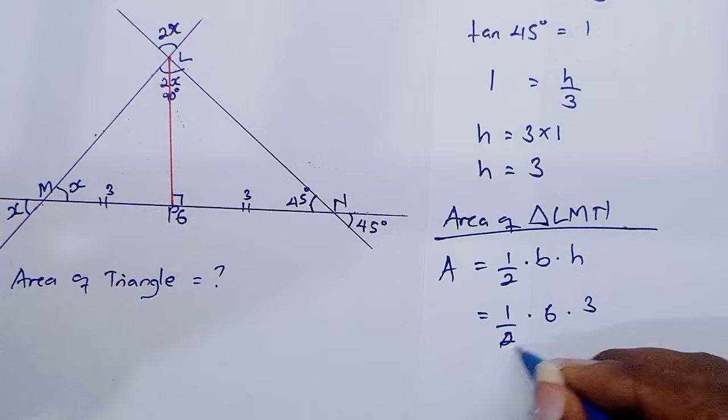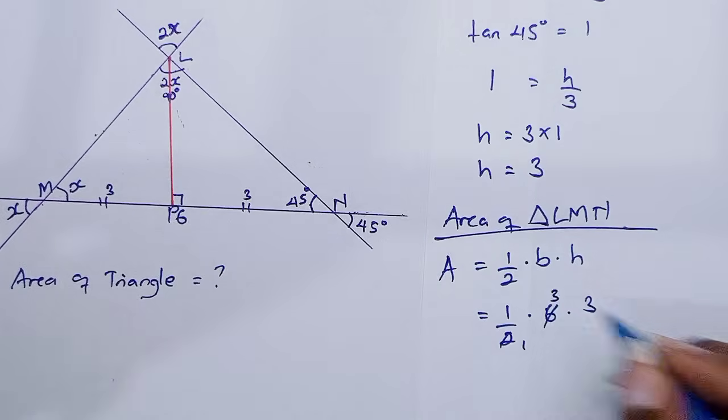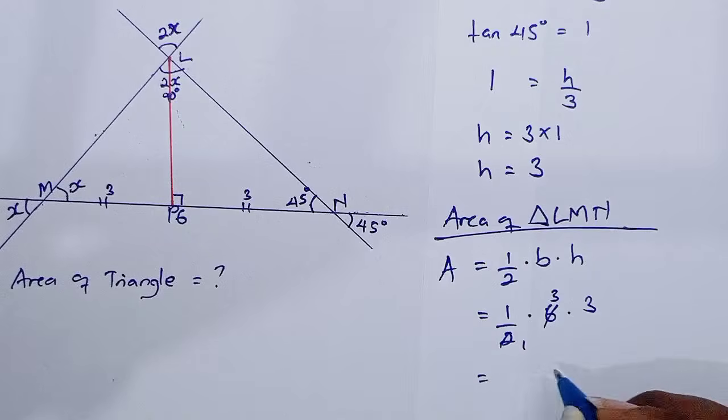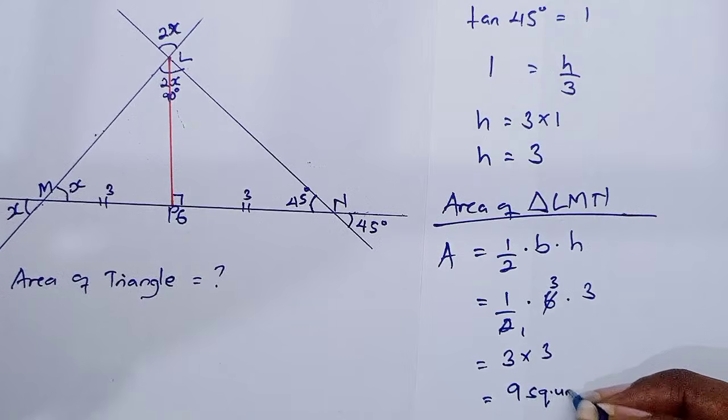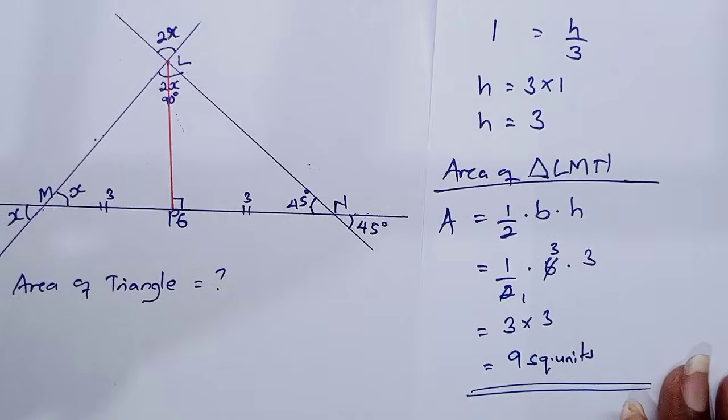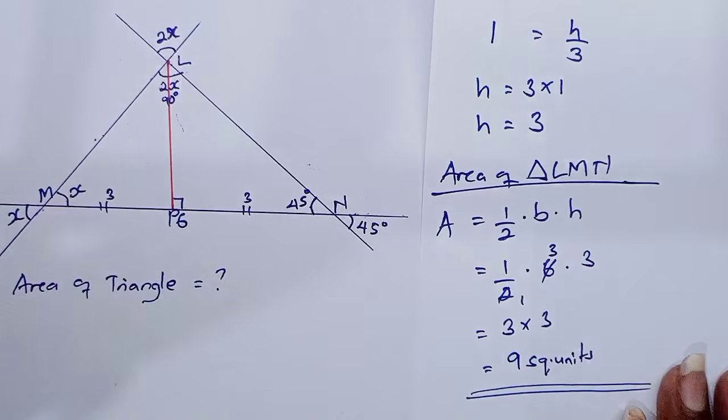Okay, so this 2 goes into 6 3 times. So we have 3 times 3, which is equal to 9. So this is its area, it's in square units. So the area of this triangle LMN is 9 square units.